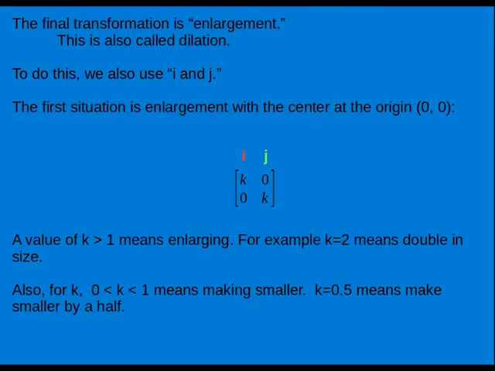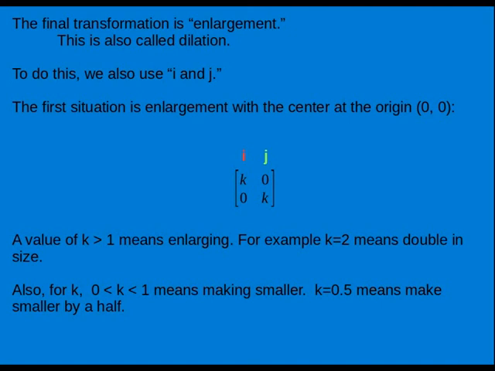The final transformation we'll talk about is enlargement, which is also sometimes called dilation. To do this, we'll again use I and j. The first situation is enlargement about the center or origin at the point 0, 0.